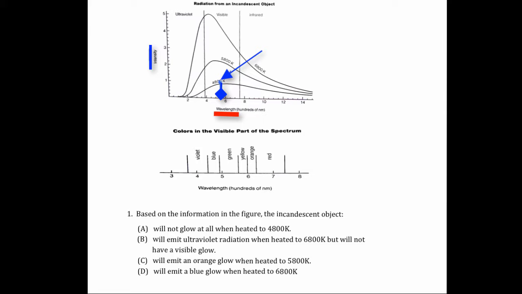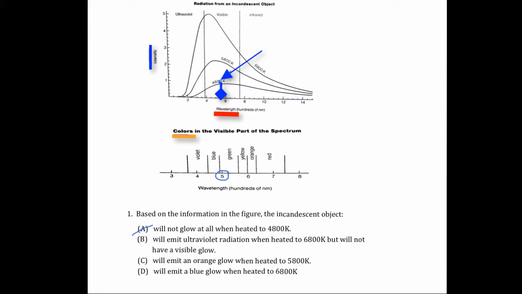And below that figure, we see the colors in the visible part of the spectrum, and we see the wavelength that relates to those colors. So at right around 500, there we go, 500 nanometers, it seems to be blue or green, mostly green. So the fact is it does glow when heated to 4800 degrees Kelvin. So A is not the right answer.